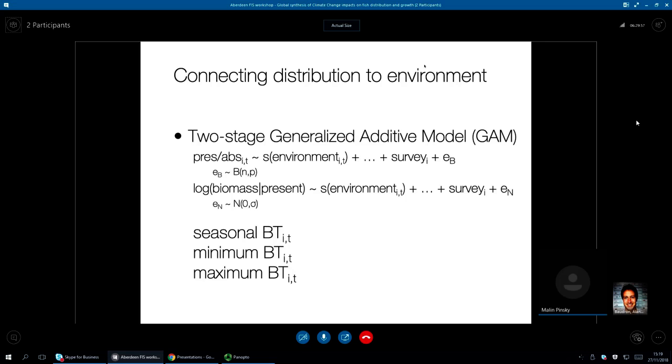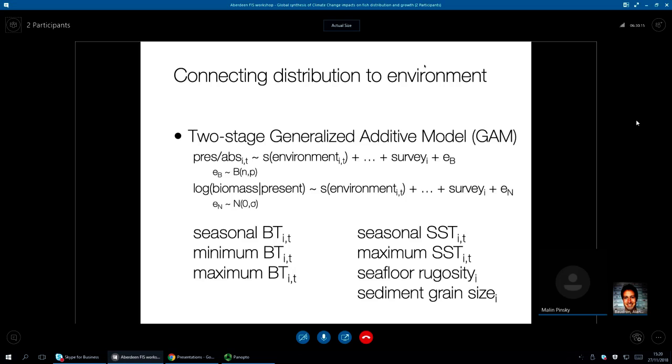So we can get minimum and maximum bottom temperature for a given location from the previous year. Similarly seasonal SST, maximum SST. In the work we published this summer, we didn't use minimum SST because it was very closely correlated with minimum bottom temperature.